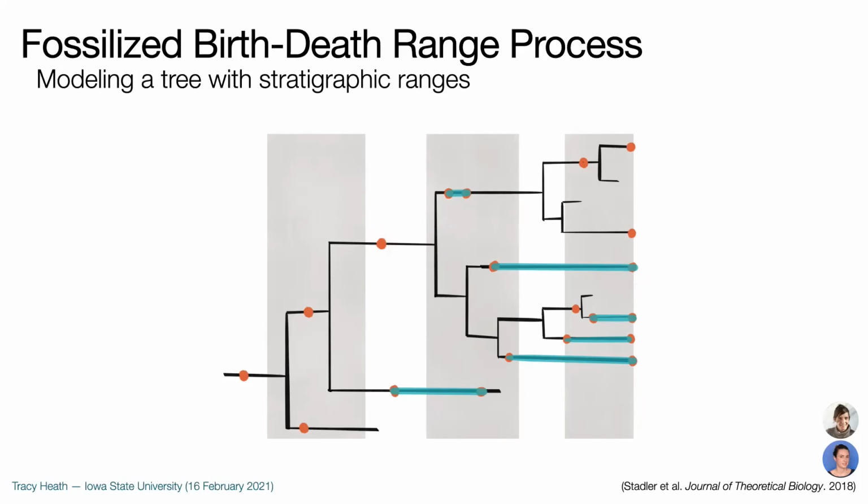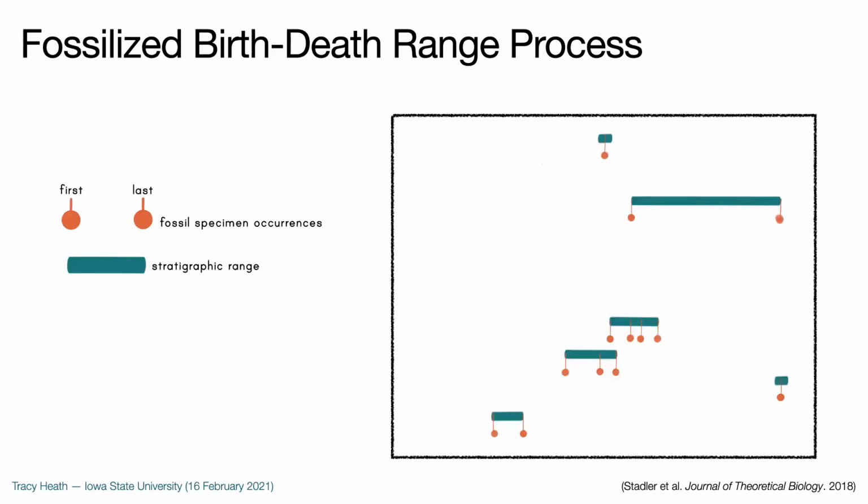We generated a mathematical framework for calculating the probability of this tree with these ranges given a set of macroevolutionary parameters. This is described in a paper that came out a couple years ago where we described this fossilized birth-death range process.